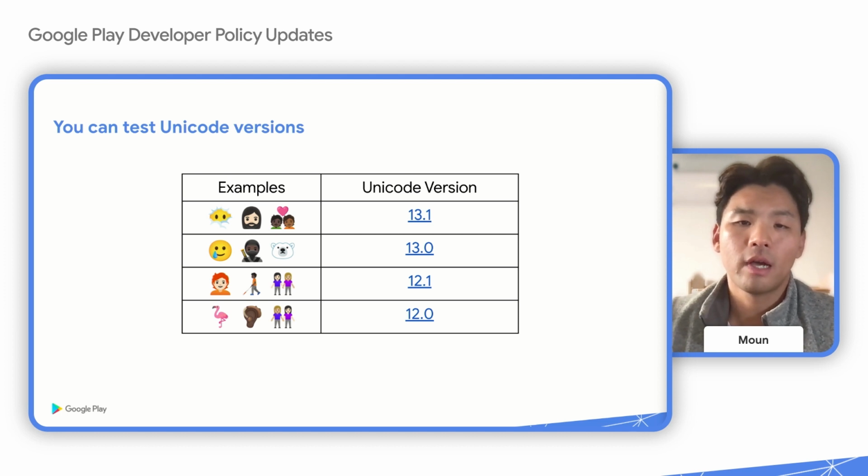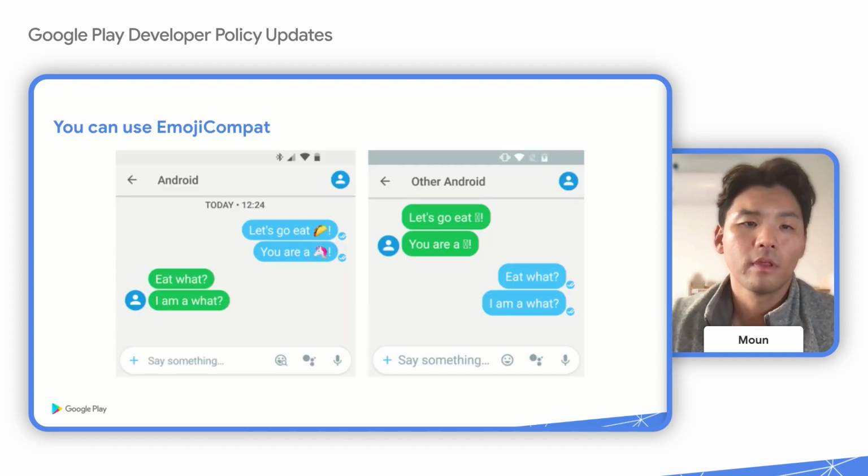The policy will provide guidance on how you can update to the latest version. We also have developer guidance and resources like Emoji Compass Support Library to help you keep your app up to date. With the Emoji Compass Support Library, your users won't need to wait for Android OS updates to get the latest emoji.